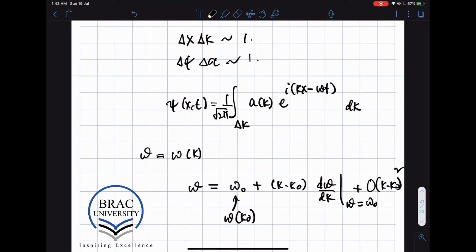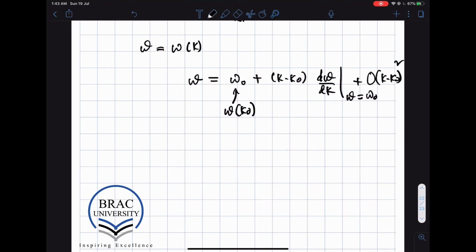Now if I plug this into this expression, then we're going to get psi of x and t, and then we can factor out this thing.